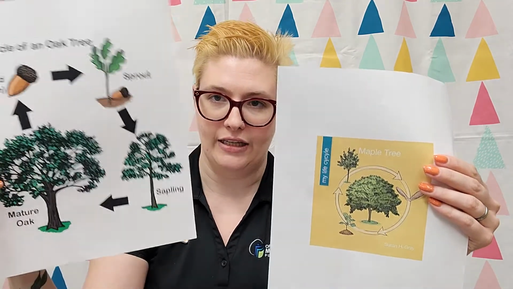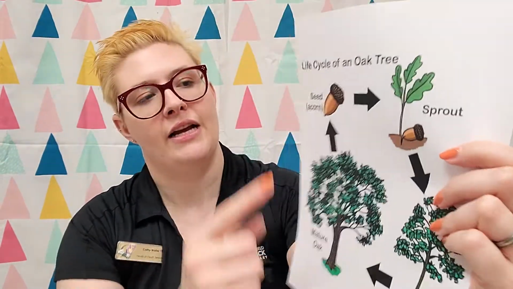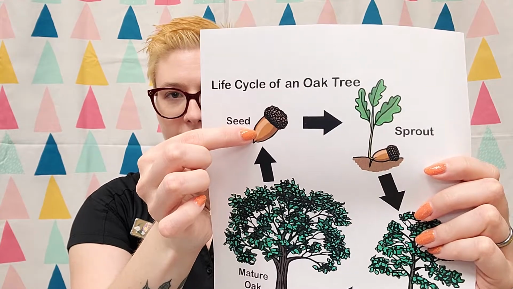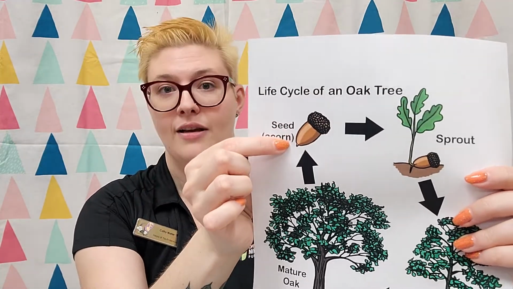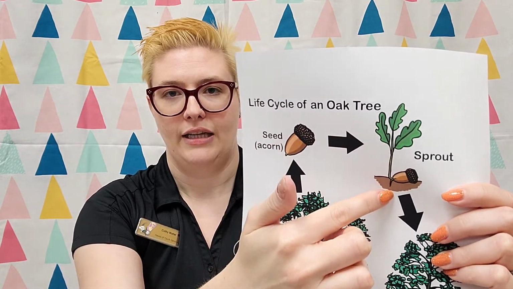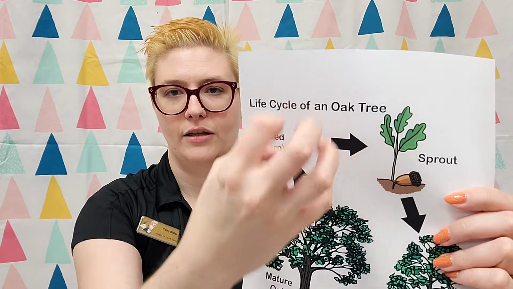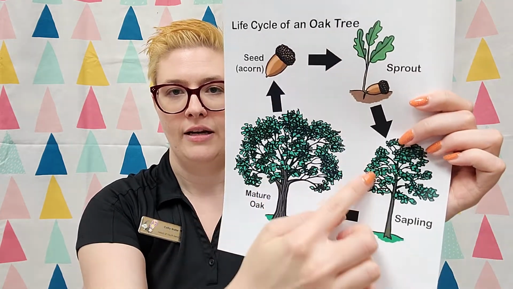So two of the trees that we have in New Hampshire that are very distinctive are the maple and the oak tree. An oak tree has a seed, which is an acorn, and we see tons of those around in the fall. Then the acorn lands on the ground and it sort of plants itself, and it turns into a sprout, hopefully.